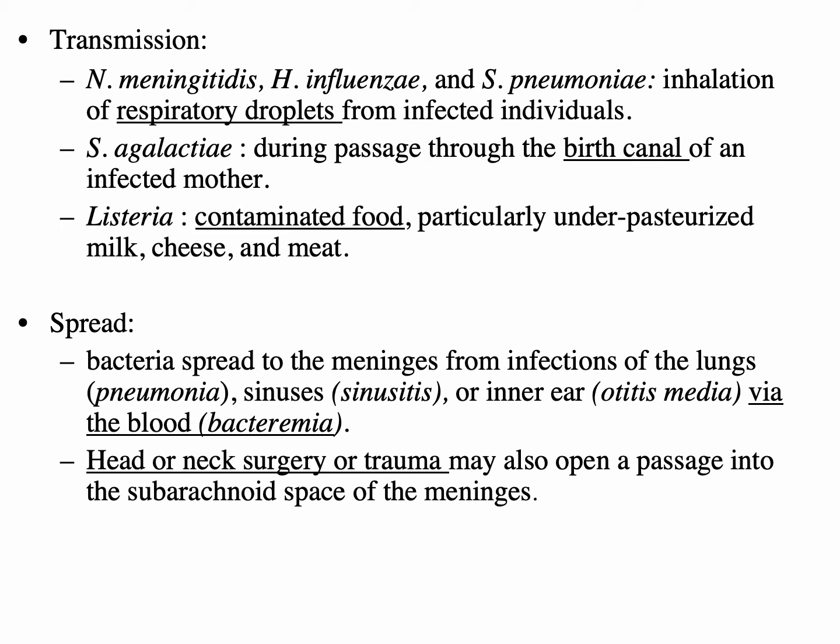So when a person coughs, they will expel it as respiratory droplets. If another person is nearby, you will inhale it. That's how you come in contact with it. Then Streptococcus agalactiae, I already mentioned, the mother will carry it to birth, and the newborn comes in contact with it.